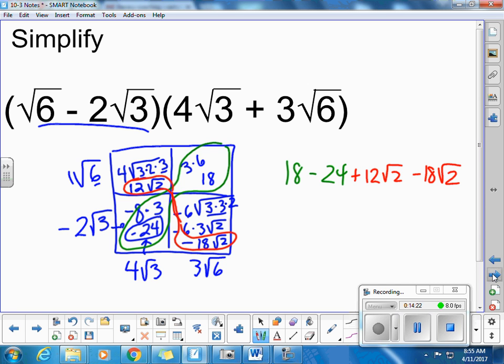So 18 minus 24 is negative 6. And then these have the same radical, so I'm just going to combine the coefficients. 12 minus 18 would be negative 6 square root of 2. So that would be my answer.